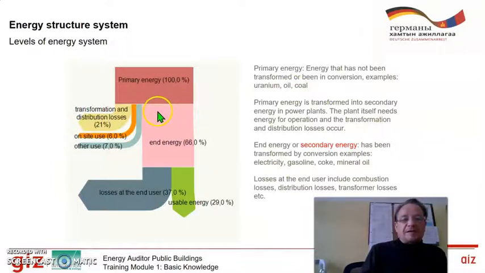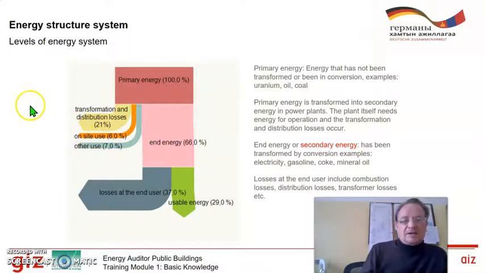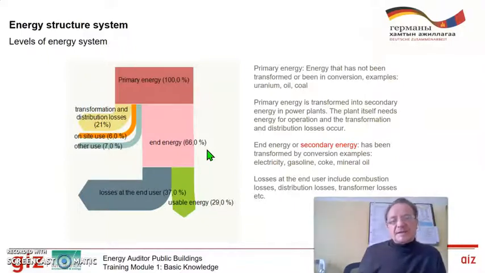So we have here the secondary energy, but the losses are transformation and distribution losses, on-site use for pumping or cooling the towers or anything, and other uses. So these are the losses. And then we have a new term here which is called end energy. I did not explain that before, because this end energy or secondary energy has been transformed by conversion.